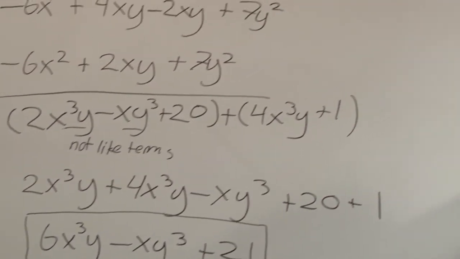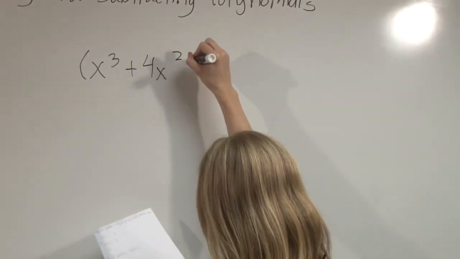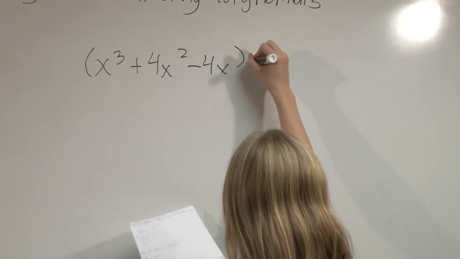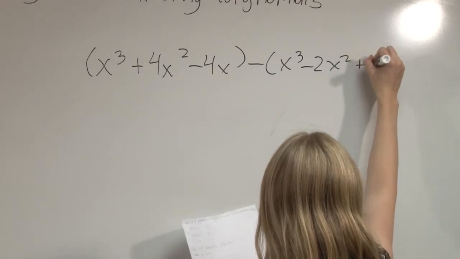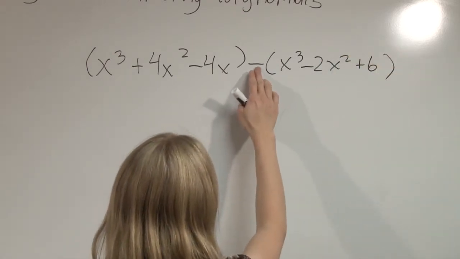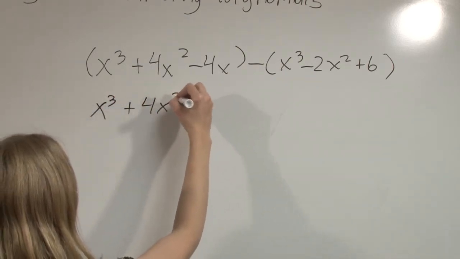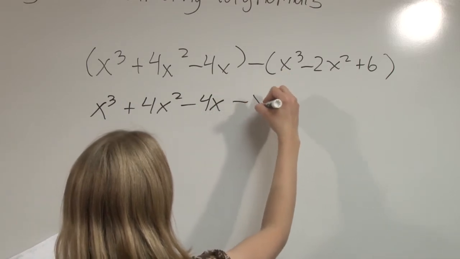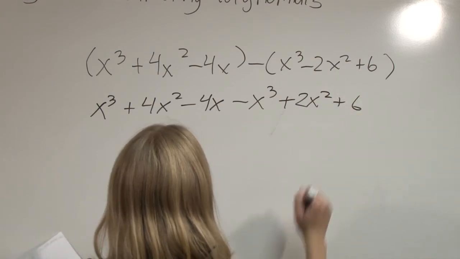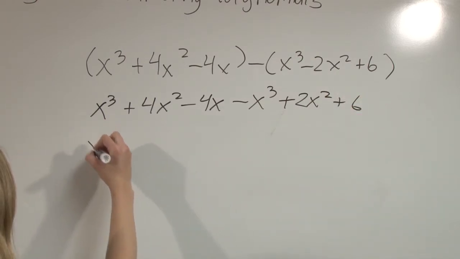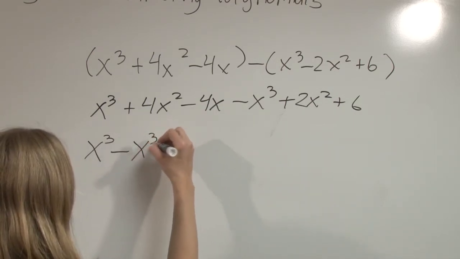Here's a final example where you have to do a little bit of distributing. The first thing I'm going to do is distribute that negative. And again, I like to move the like terms next to each other before I combine them. So I'm taking that negative x cubed and putting it over there.